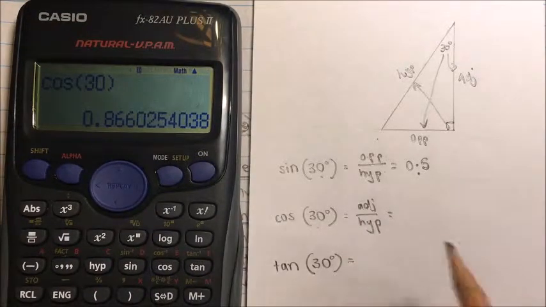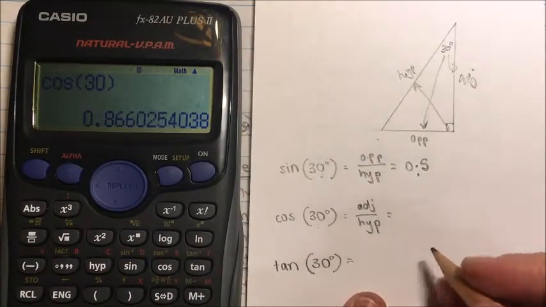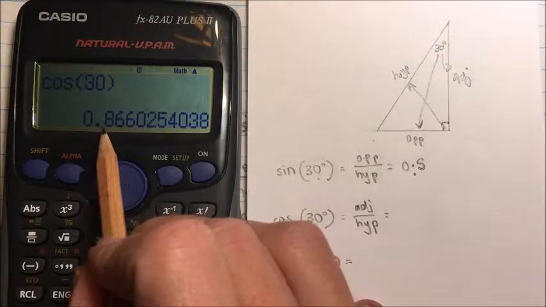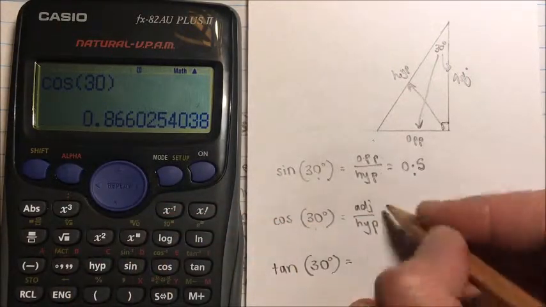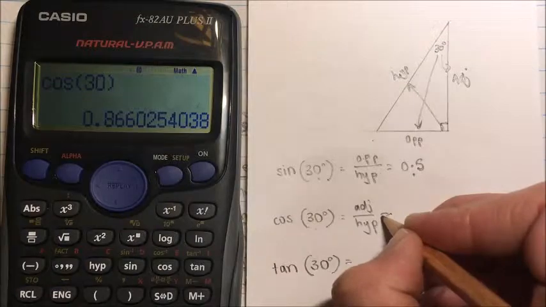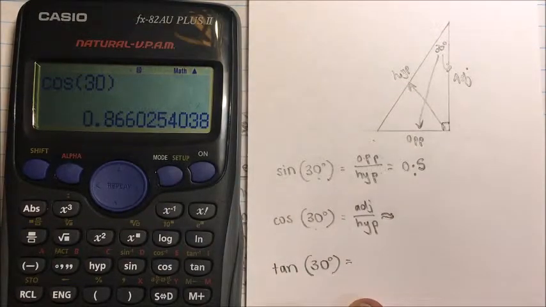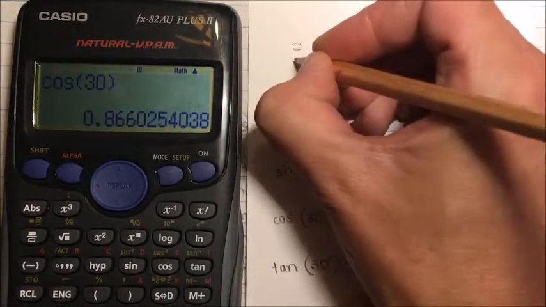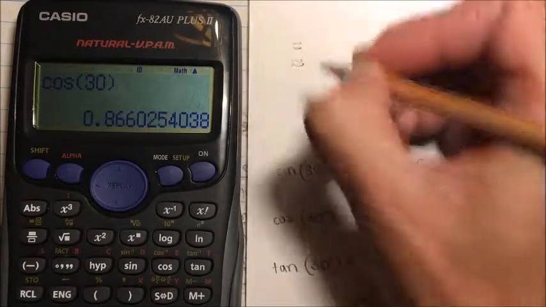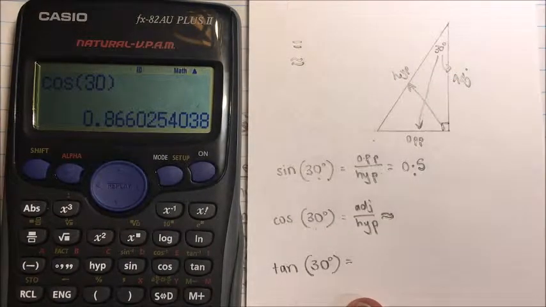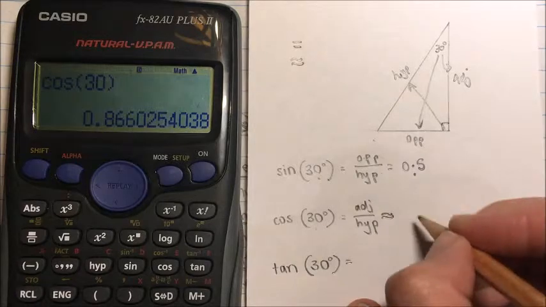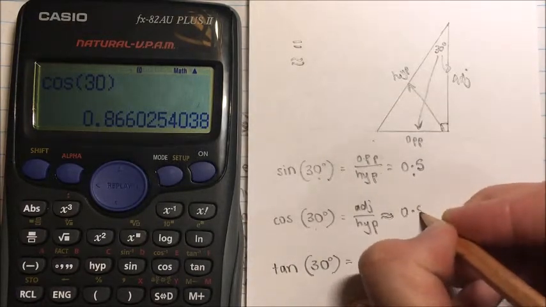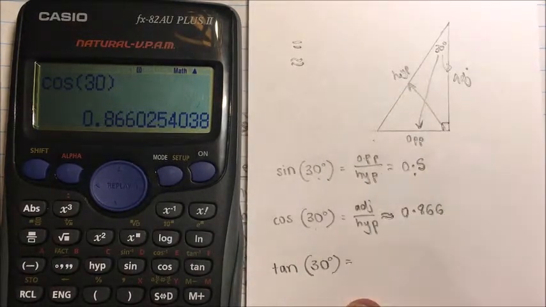Oh, cool. I will round this to 3 decimal places. If you remember, when we start rounding, that little sign there, when we turn our equals sign into a slightly wobbly version, means is approximate to, is pretty close to 0.866.